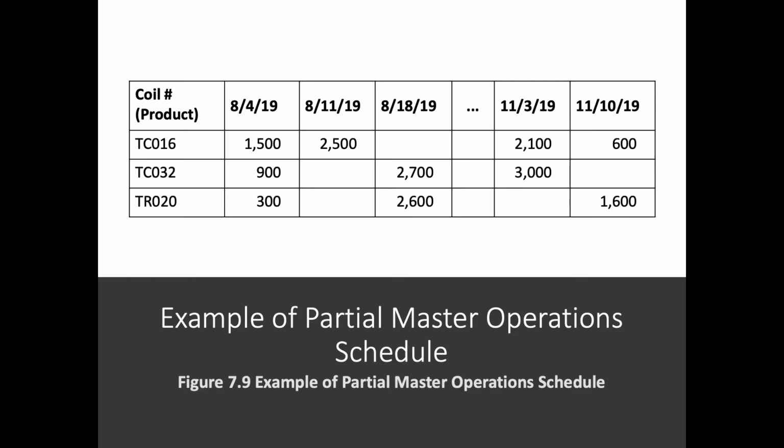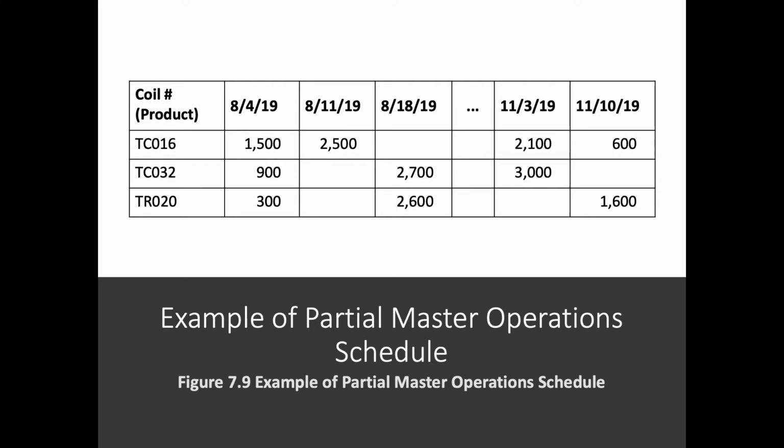Here is an example, at least a partial example, from the textbook, figure 7.9. You can see here this is an electrical coil manufacturer. Part of their master schedule are production delivery dates for at least 3 different types of coil products, which you see there in the left-hand column. They are identified by product numbers, TC 016, 032, and TR 020, and the quantities that are to be produced on what particular dates.